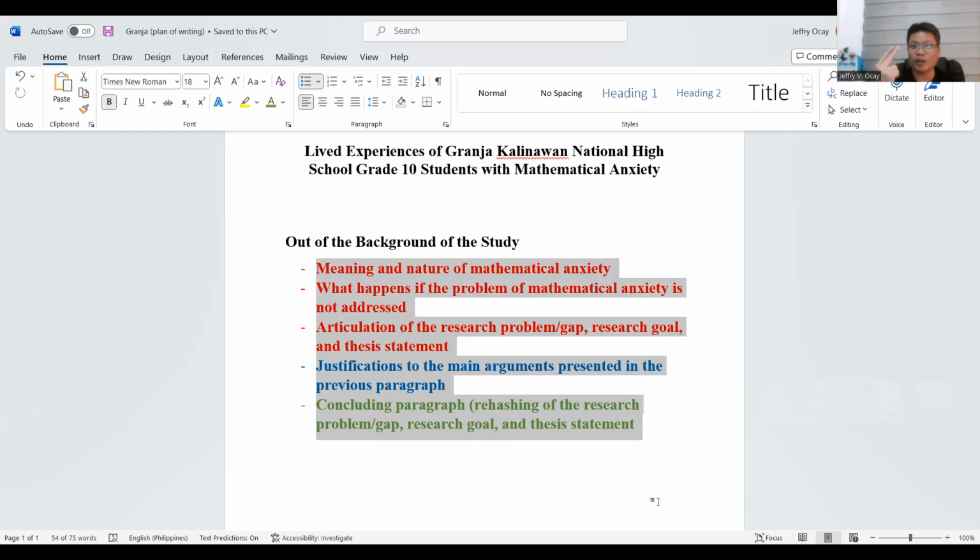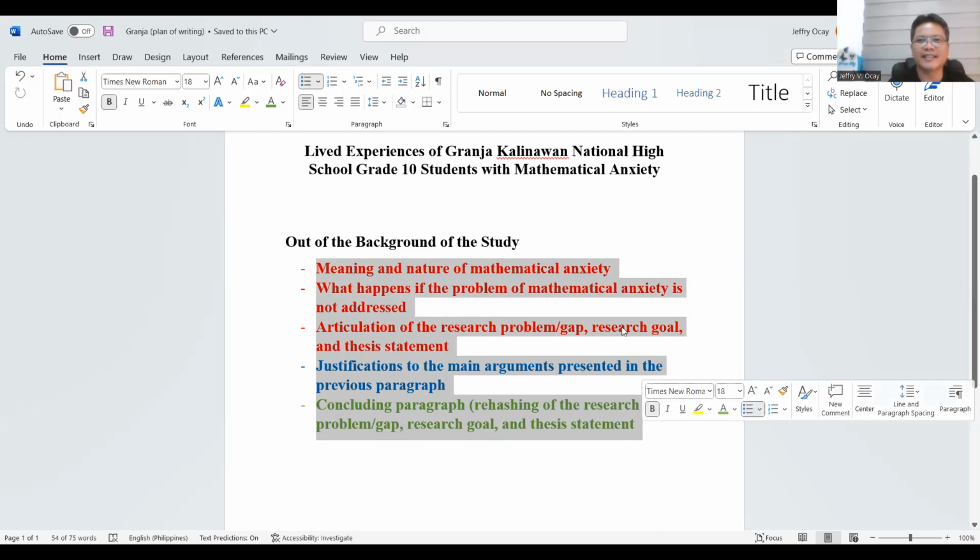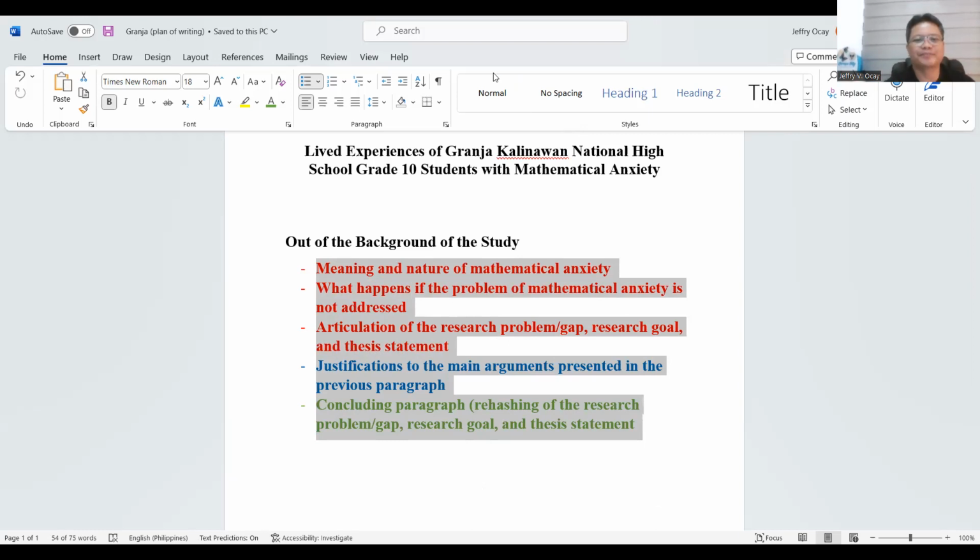She did not get lost along the way because she knows what to do next after writing each part. And with my guidance, my review, and editing and insertions of some thoughts and statements, she was able to come up with an excellent background of the study written using the inductive style of writing.